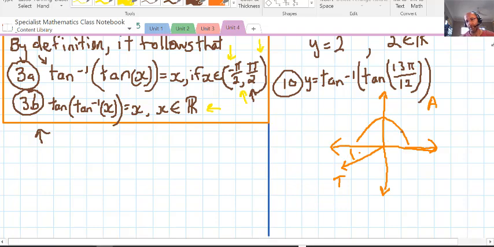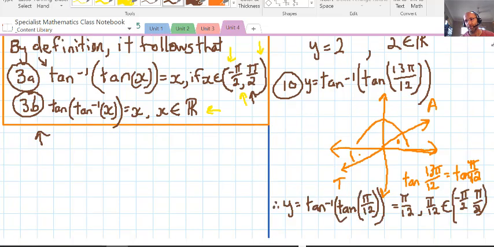The other place where positive values for tan exist is the first quadrant, so that would be pi on 12 also in there. So tan of 13 pi on 12 equals tan of pi on 12. Now we can use that, tan of pi on 12. There we go. So by using the definition in 3a, we can see that, yep, the answer is pi on 12. We just had to use an equivalent and just take care.